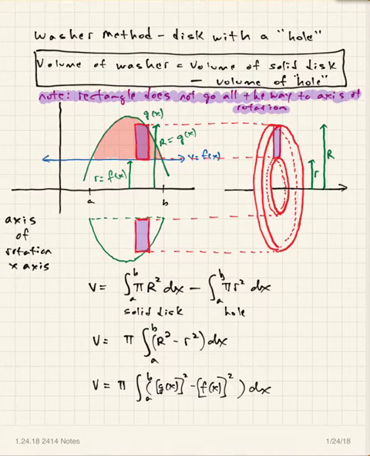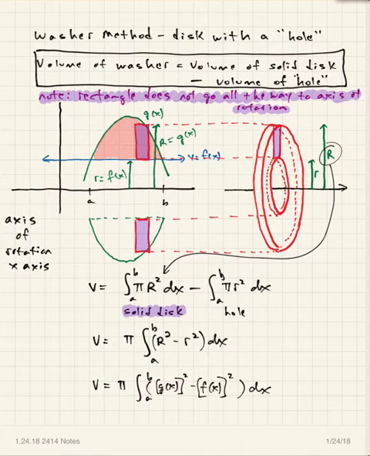And so notice I've got the little subtraction problem there. It's the volume of the solid disk minus the volume of the hole. If you look down below the picture, here is the volume of the solid disk: pi times big R squared dx, where big R, if you look at the picture, is the radius of the solid disk right there.